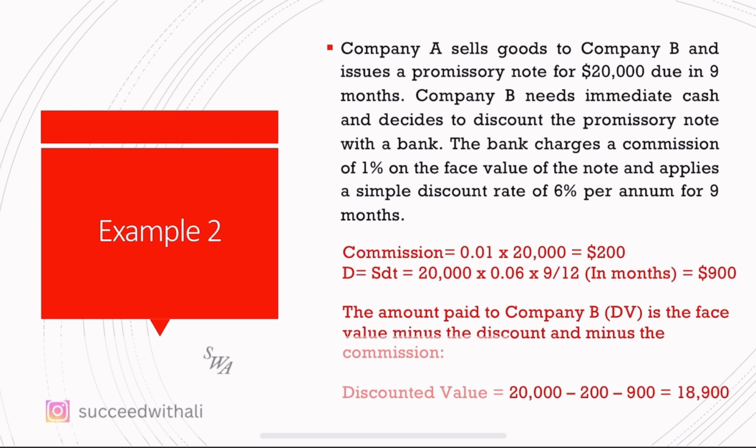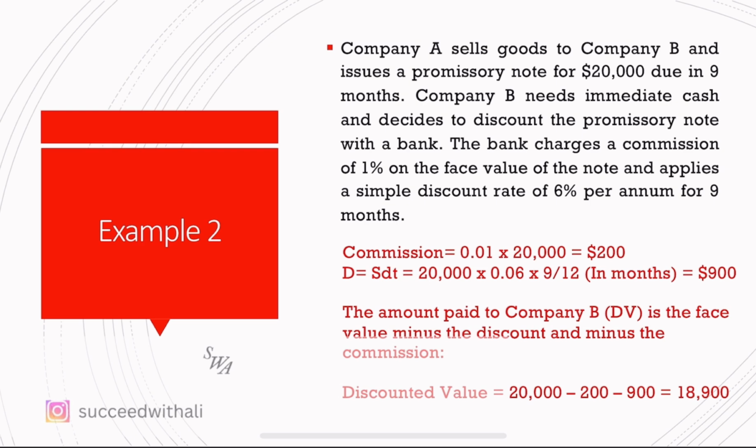The amount paid to Company B, thus the discounted value, is the face value minus the discount and minus the commission. So $20,000 minus 200 minus 900 is equal to $18,900.